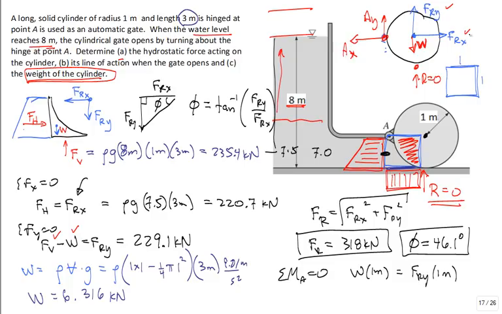Does F of Rx contribute a moment about the point A? No, it doesn't. So this really boils down to a very simple result: the weight is equal to 229 kilonewtons. It's almost too easy. But the concepts are difficult. The math is easy, the concepts tricky.